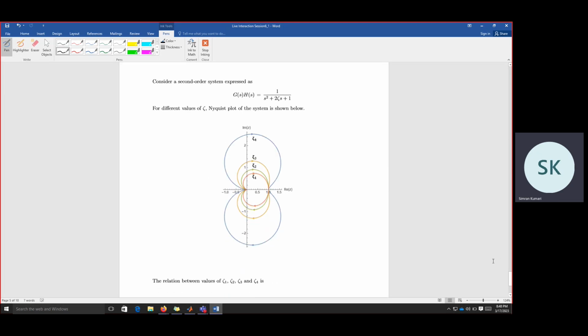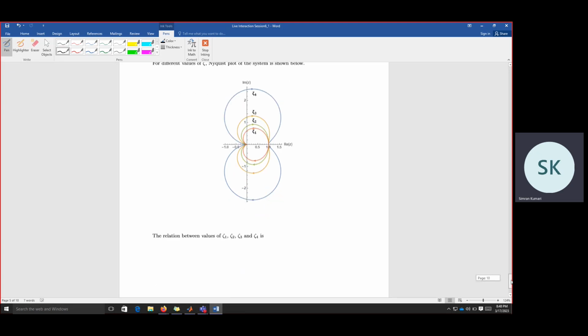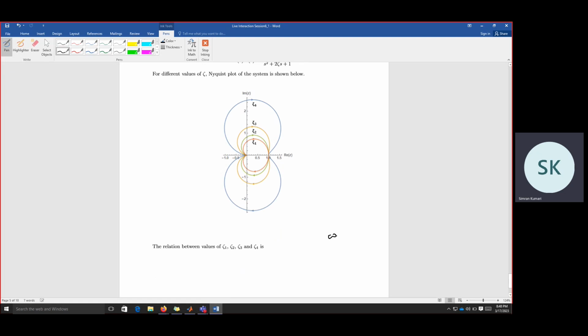It says that a second order system GH is 1 by s squared plus 2 zeta s plus 1. This is a standard second order system with natural frequency equal to 1 radian per second. For different values of zeta, the Nyquist plot is given, and we have to find the relationship between zeta 1, zeta 2, zeta 3, zeta 4.